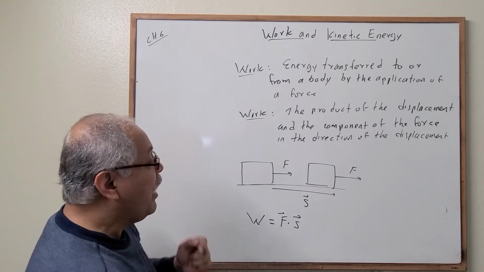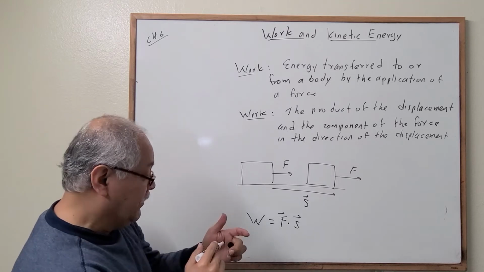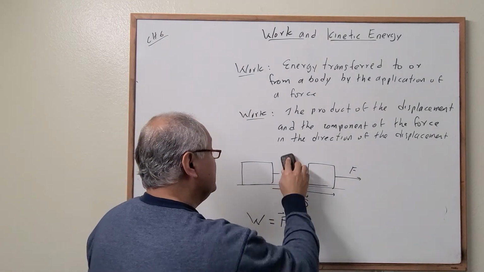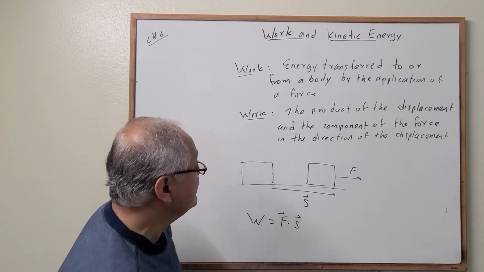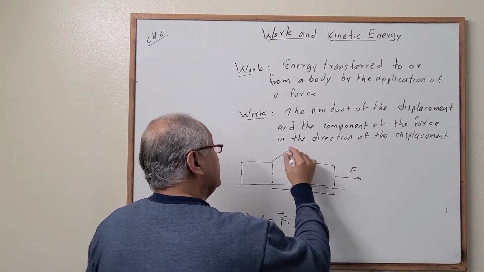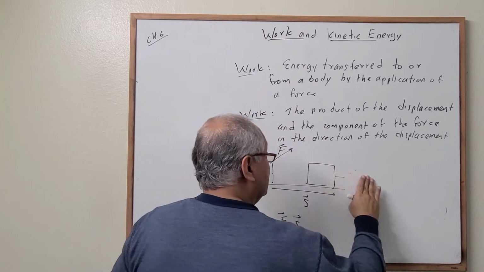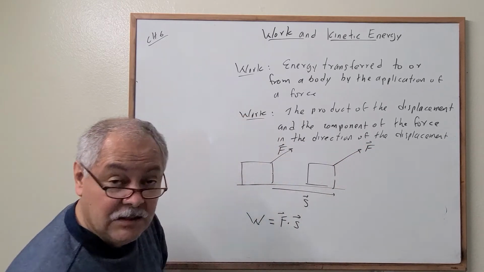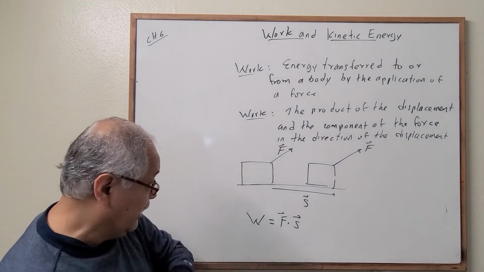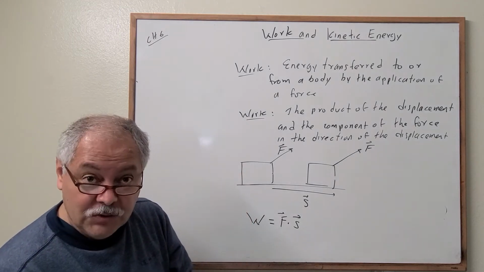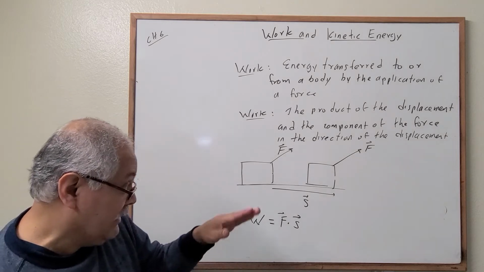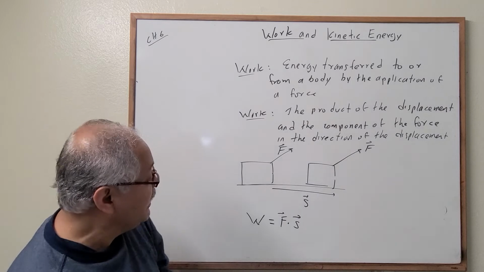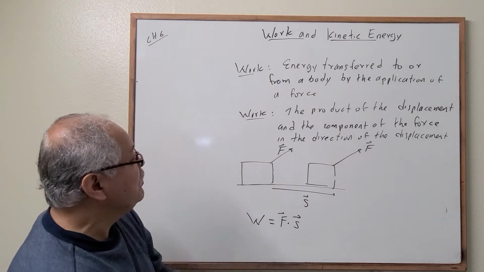Perfect. Now, what happens if the force now is not parallel, like in this case, right? If the force is not parallel, we have an angle, it's the same force, the same direction. In this case, the force is constant. For this particular case, again, the force is constant, so it means what? We have always the same magnitude and the same direction. Okay, imagine that we have this situation again.